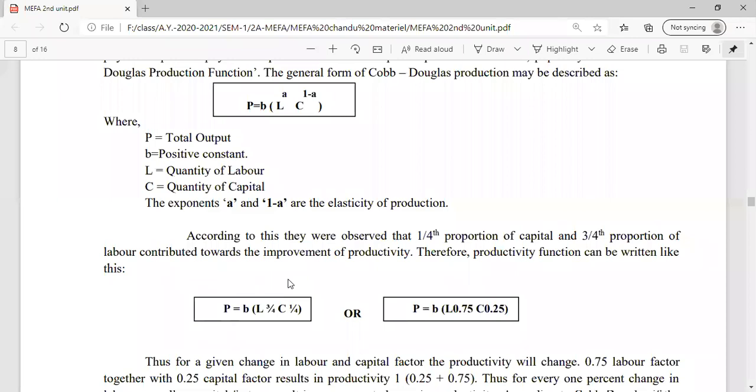Everyone will be confused here. You have to be careful regarding this Cobb-Douglas production function. Just as an example, I have taken labor and capital with the minimum number of values. Okay, what I have said now.